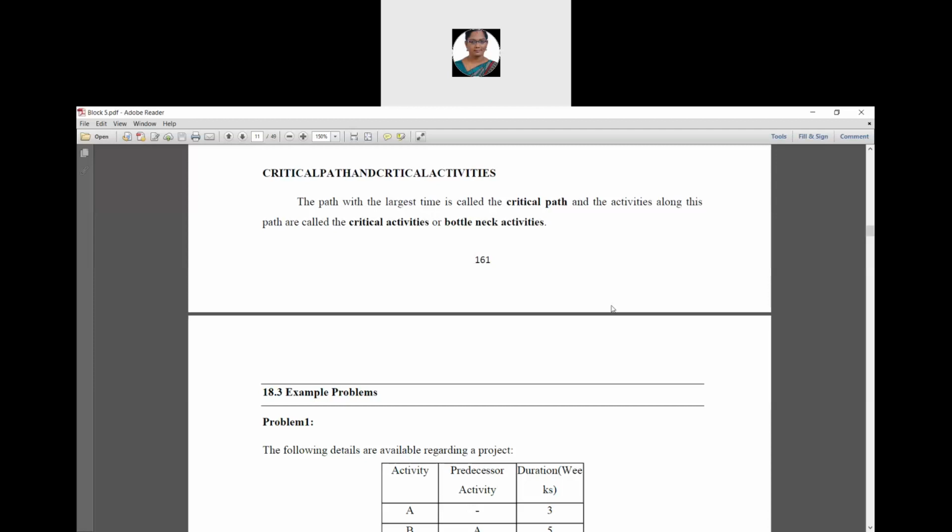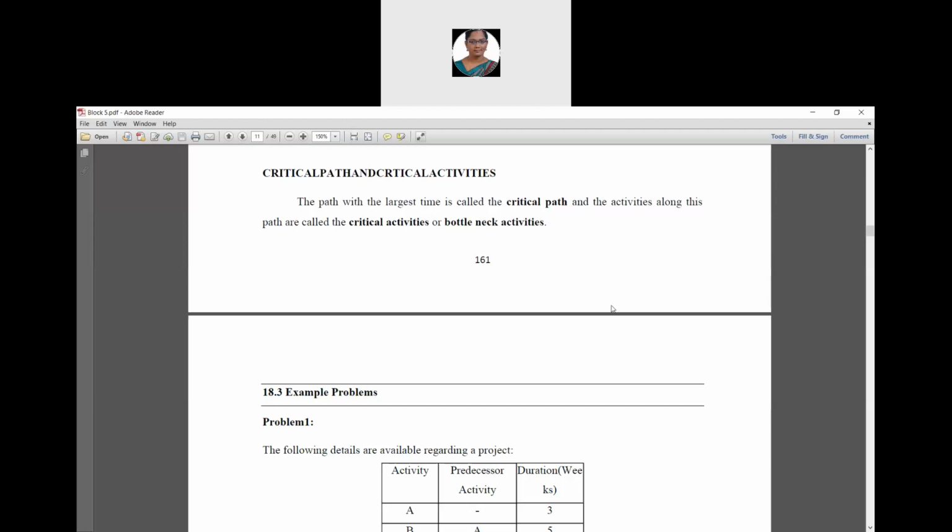The third assumption is that the activity times follow the beta distribution, with the variance of the project assumed to equal the sum of the variances along the critical path.